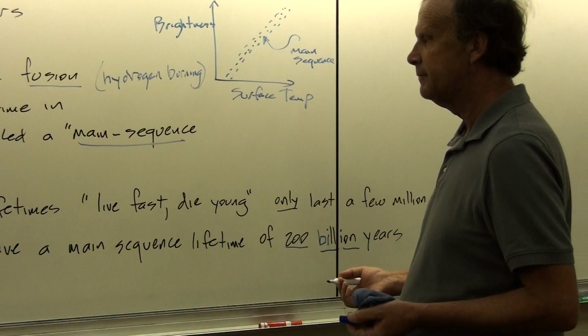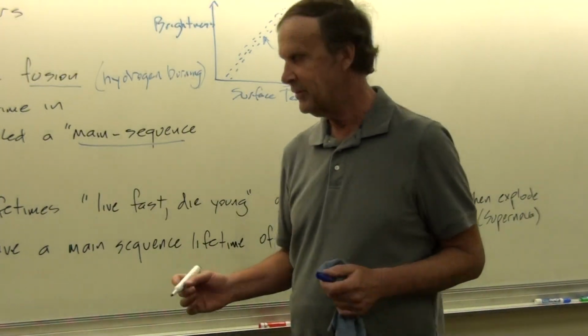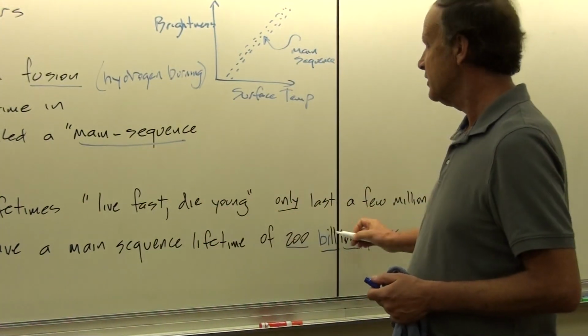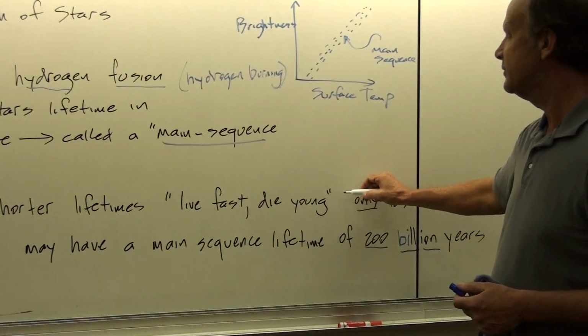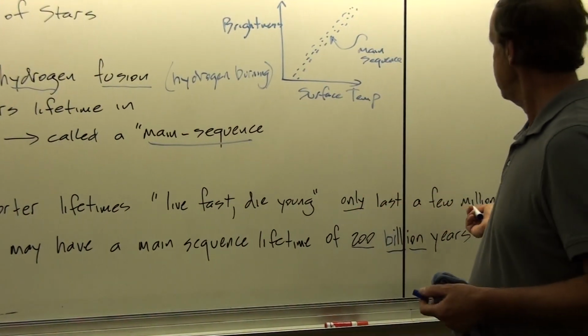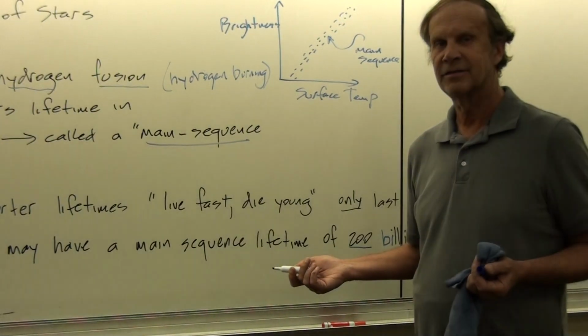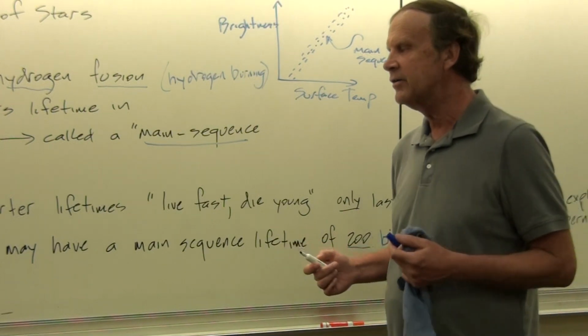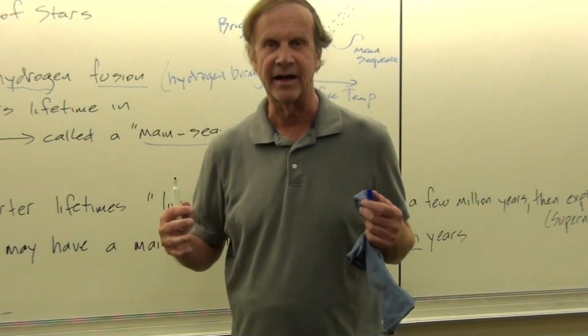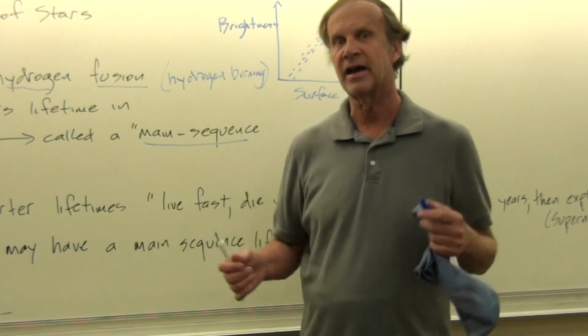Our sun, as we said, is about 10 billion, but a red dwarf star, 200 billion, but a really big O-type star, maybe only 3 million years before it runs out of energy. It's a little bit counterintuitive. You'd think the bigger star would last longer, but no, it's the exact opposite.